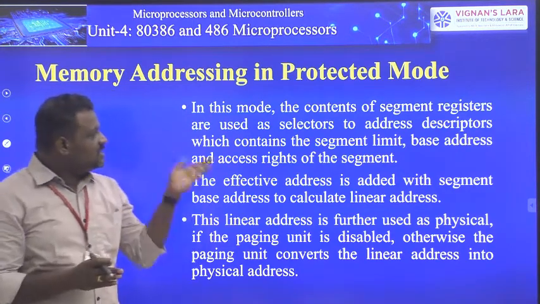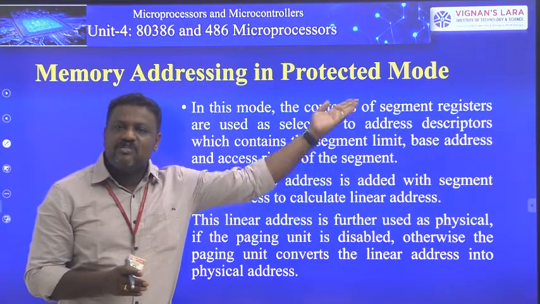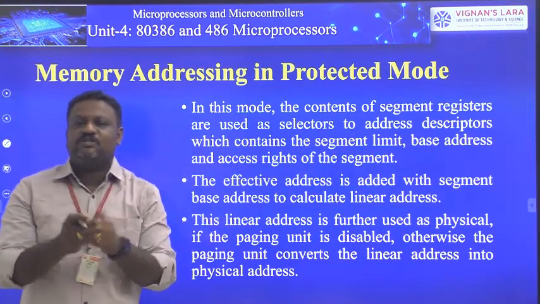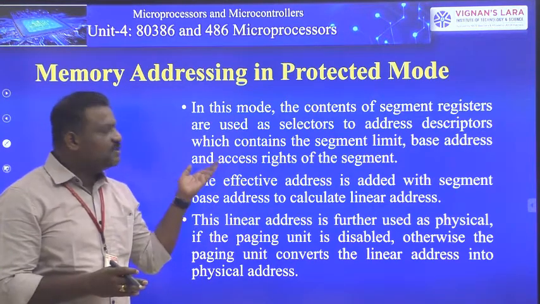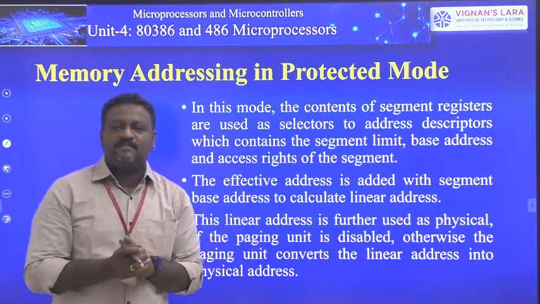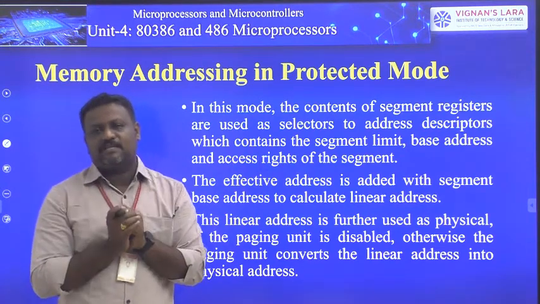Some of the bits represent the segment limit, some represent the base address of the segment, and some represent the access rights of that segment. All these are present in a segment descriptor.